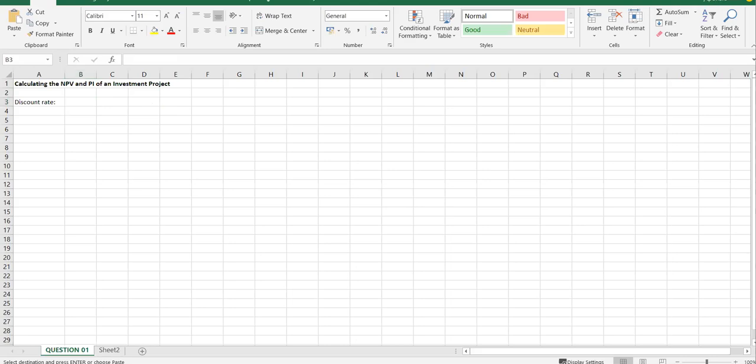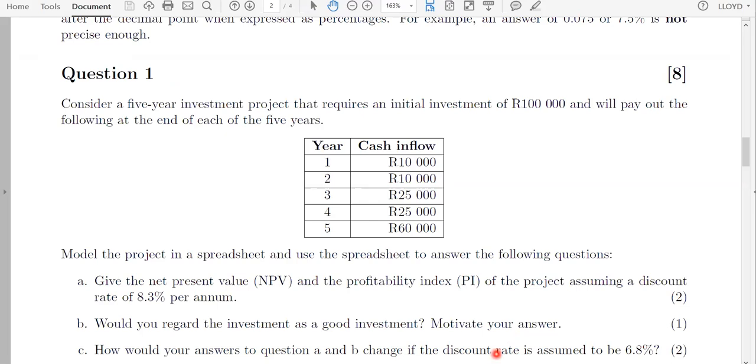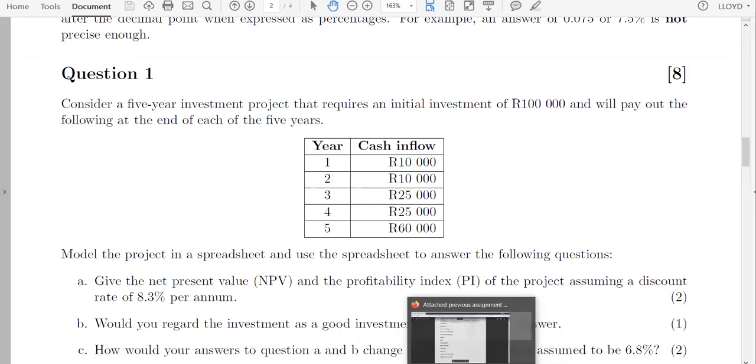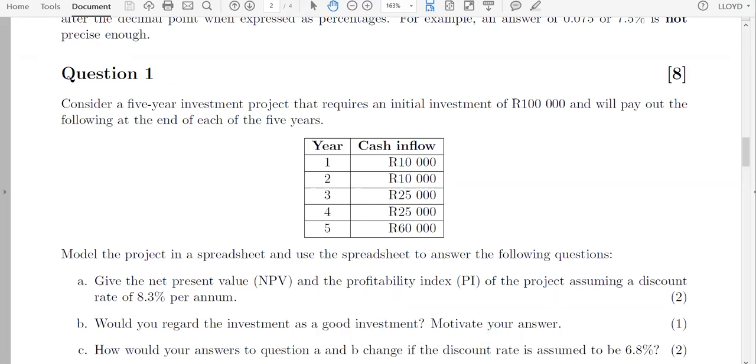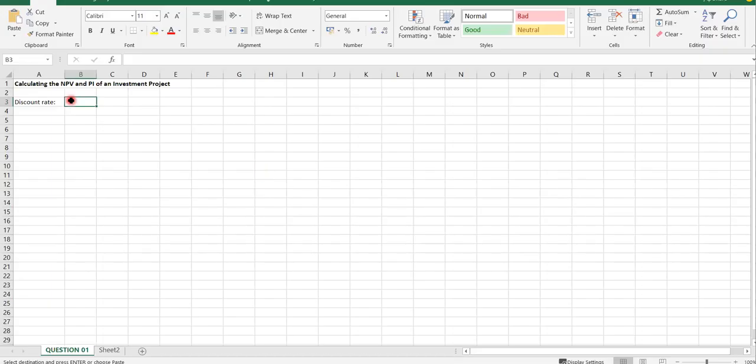In fact, I think you have to change that on the assignment that I sent because I used a different discount rate. I'm just realizing it now. It's 8.3%. Okay, in fact, I'm going to write it as a decimal, 0.083.